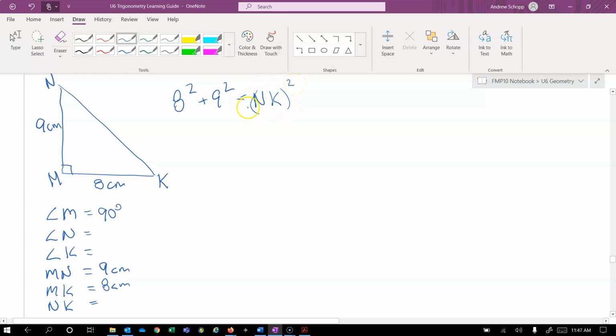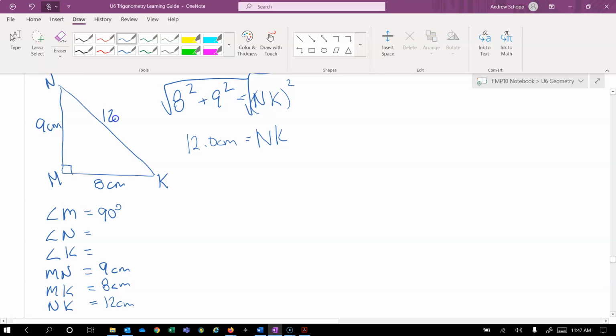And to solve this for NK, we have to undo the squaring. So we would square root both sides. We end up with NK is equal to the square root of 8 squared plus 9 squared, which I end up with 12 centimeters. Okay, so that's one done.